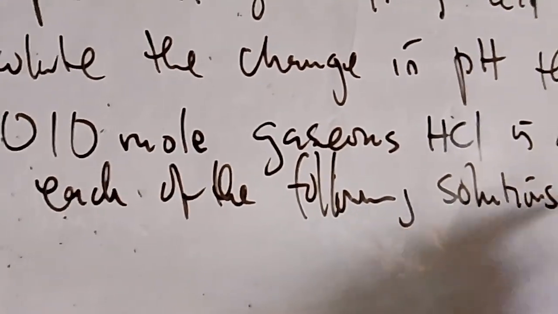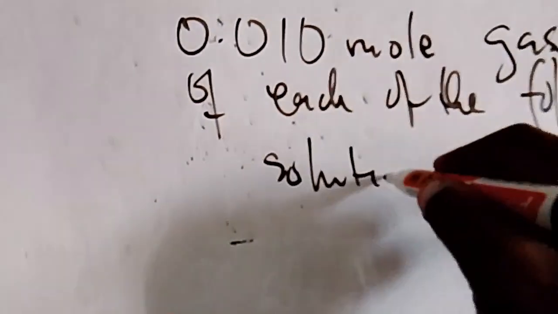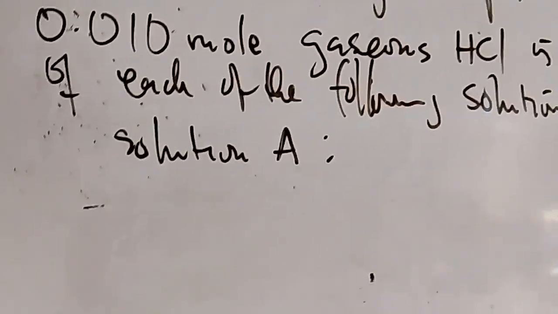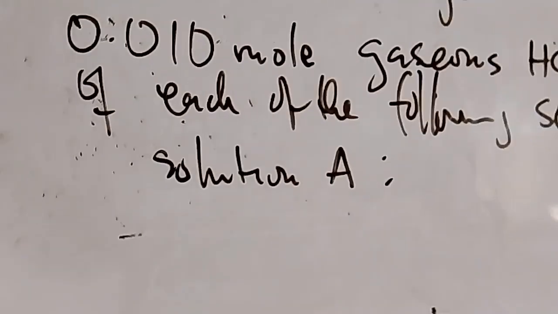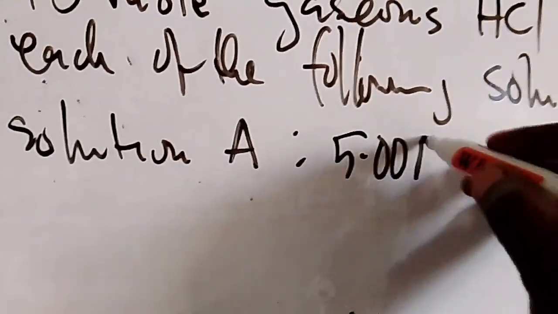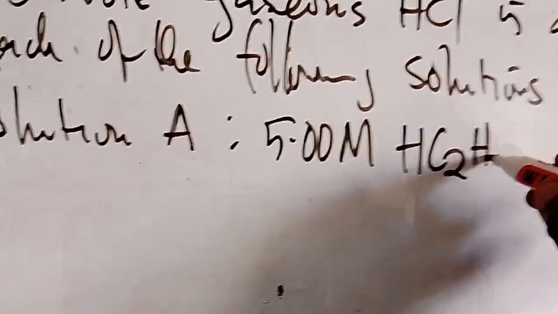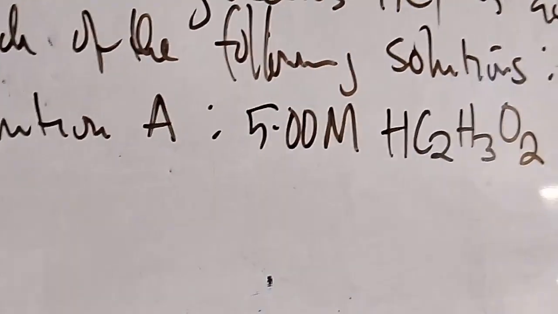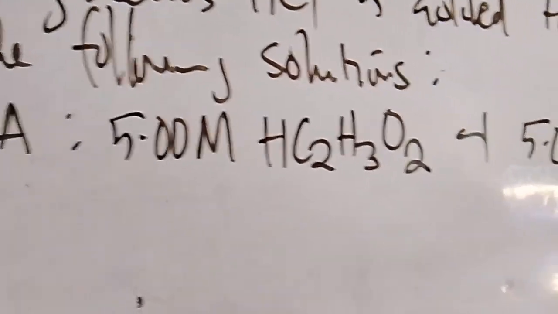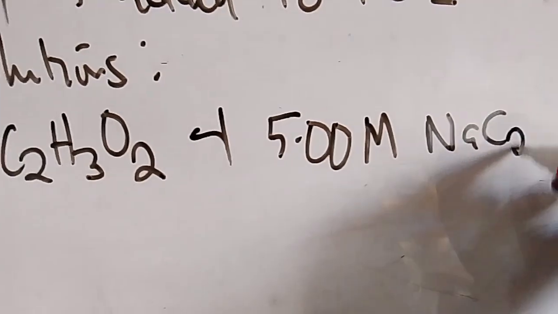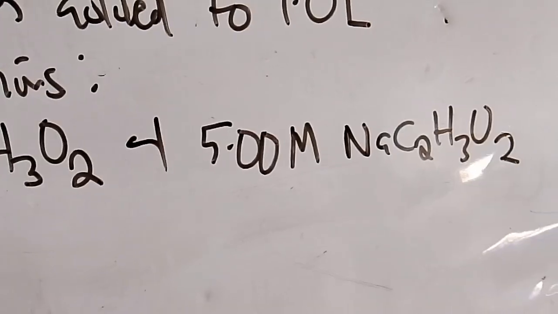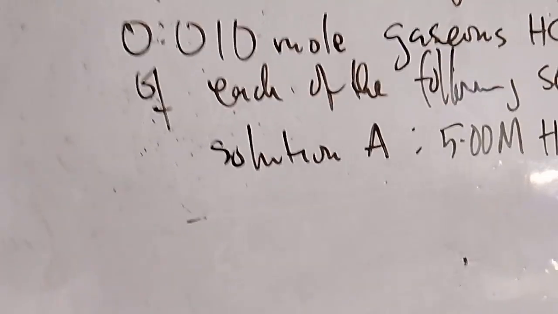We have two solutions, solution A and solution B. Solution A is 5.00 molar acetic acid and 5.00 molar sodium acetate.